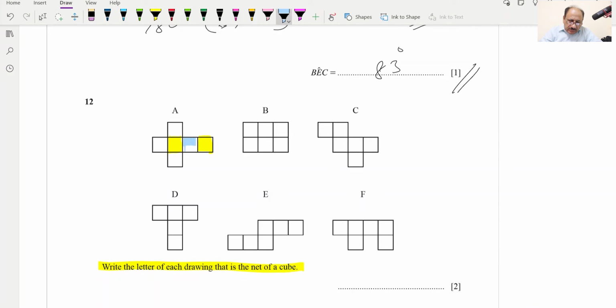This is one side and this is second side, third side, and this fourth side. So 4 sides and base and top. So we can circle this. This is A.